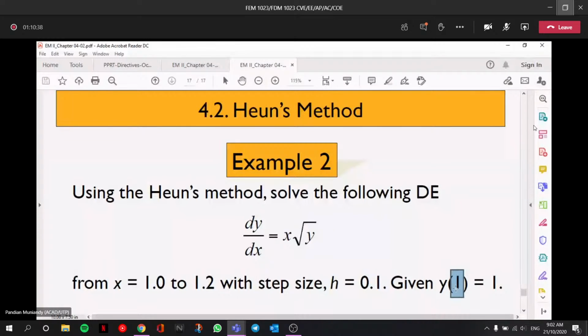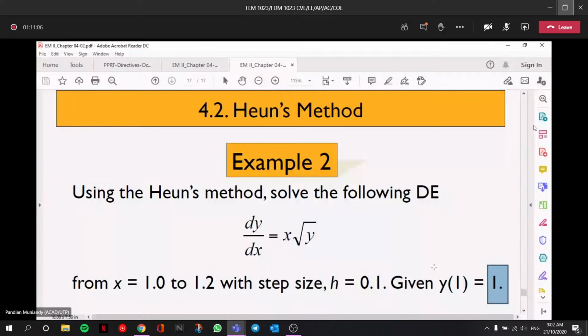So the output when x is 1 is already known. If we don't know this, then we cannot do anything. Sorry, we cannot start, because this is an iteration method, meaning you must start with iteration number 1. How to start? You need the initial condition. This is the prerequisite.